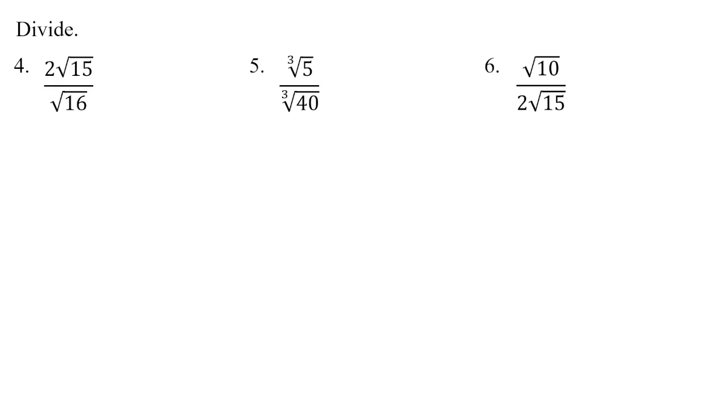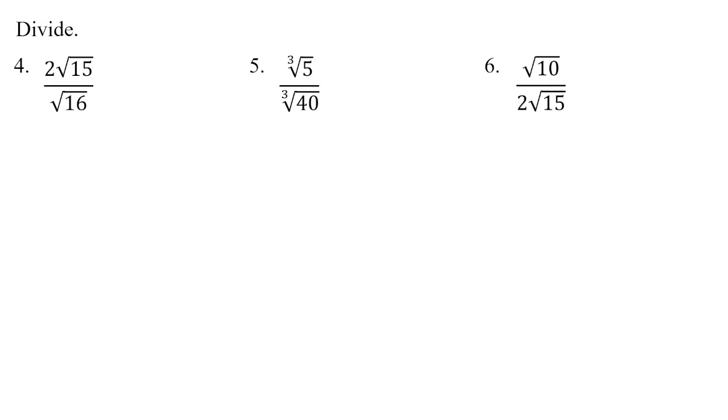Now, let me show you some division examples. Now, let me say this. No radical should be in the denominator. And I'm going to show you what happens if a radical ends up in the denominator.